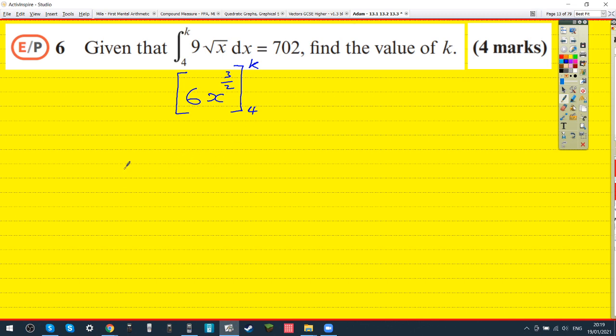So can we substitute 4 for x first and work all those out? Yeah, if you want. I got 48, when you sub in 4. Yeah. Okay. So that's the second one.